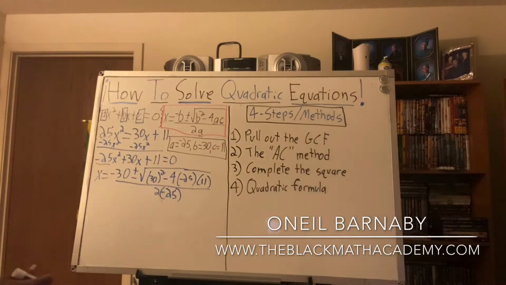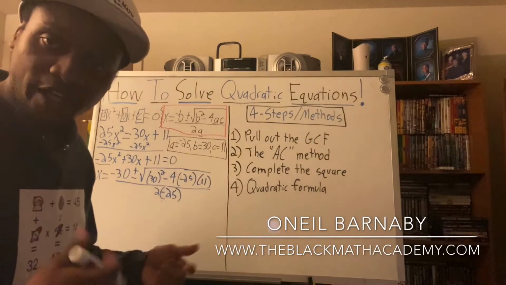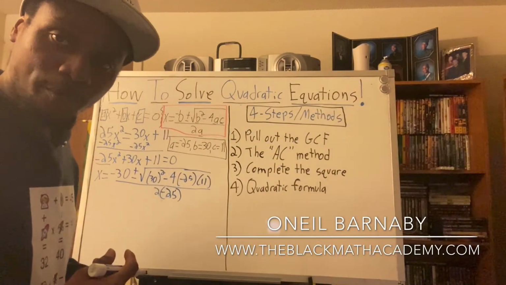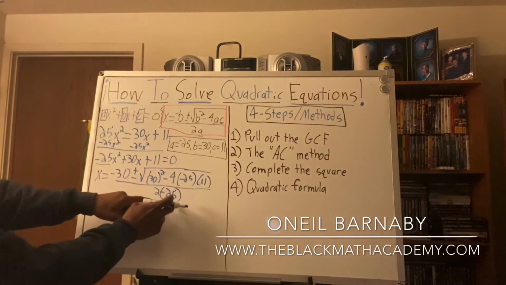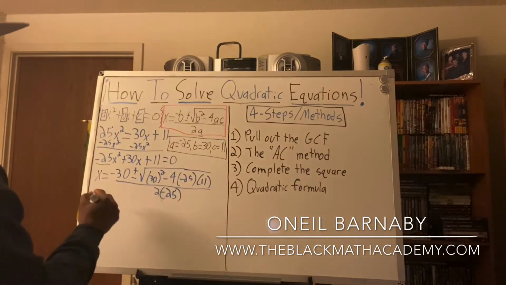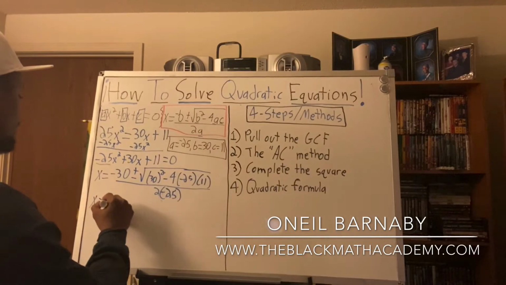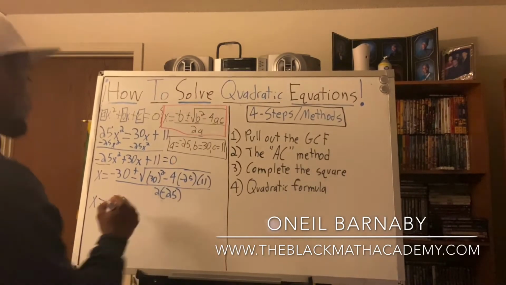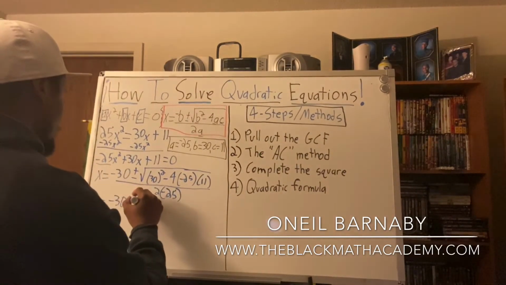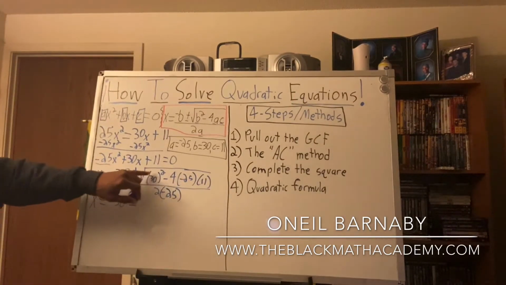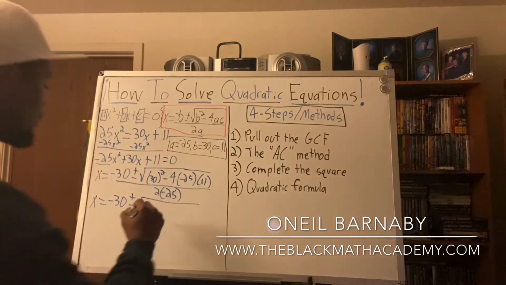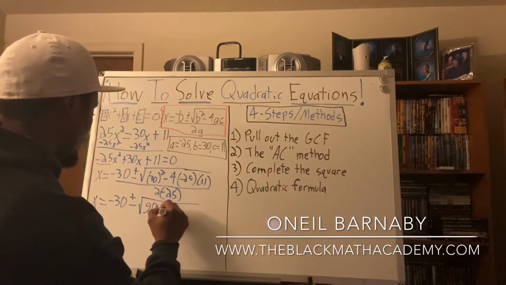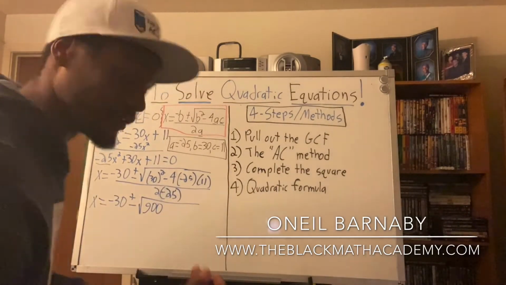Okay. So we then just simplify the formula itself. I would start with everything I could inside the radical and also the denominator. So x is equal to negative 30 plus or minus the square root of 30 squared. 30 squared is 900 because 30 times 30 is 900.